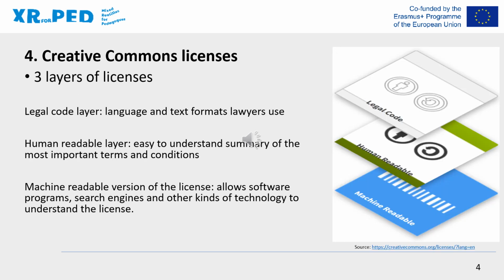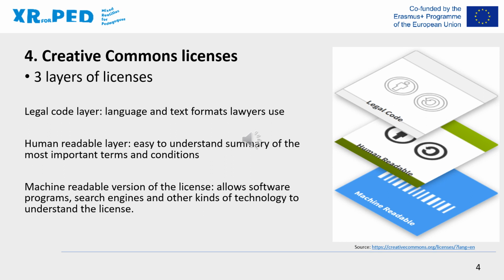The Creative Commons licenses incorporate a unique and innovative three-layer design. The legal code layer is a traditional legal tool in the kind of language and text formats that most lawyers know and love.